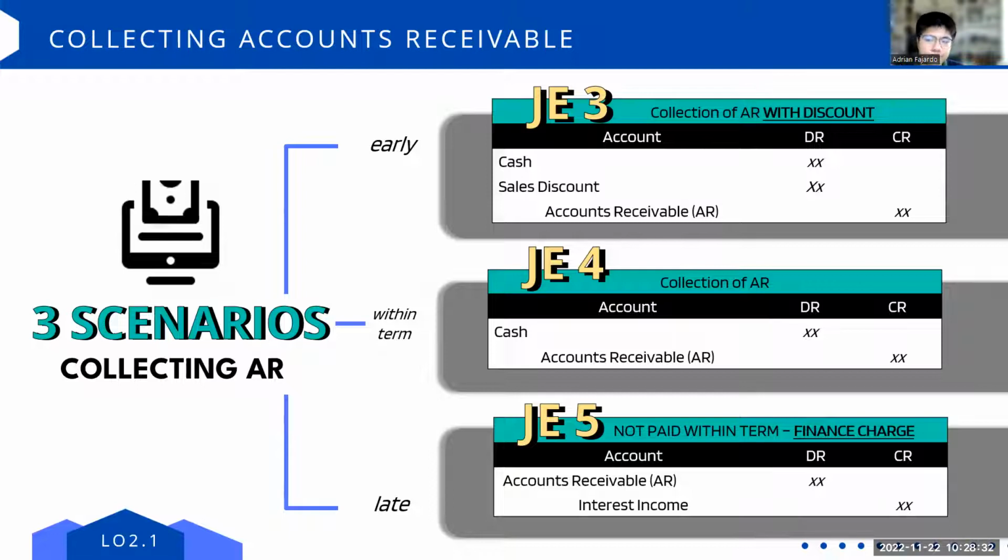By March, I'm like, grabe ka naman, hindi mo pa sinusoli yung 100 pesos ko. So, I'll apply a finance charge or an interest on that so that you pay me more because you haven't paid me within a reasonable amount of time. So, if I apply like a 5% finance charge on that 100 peso utang, I have a 5 peso. So, what I expect is he'll pay me 100 pesos, but an additional 5 pesos for making me wait.